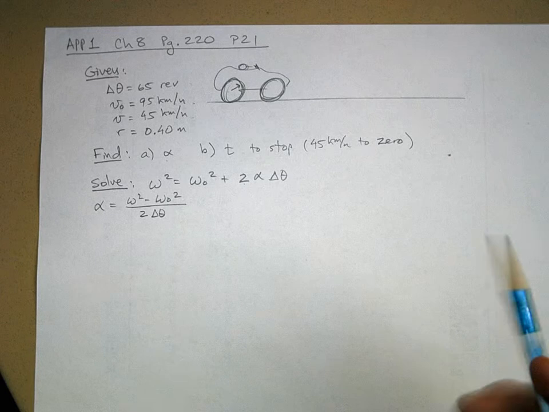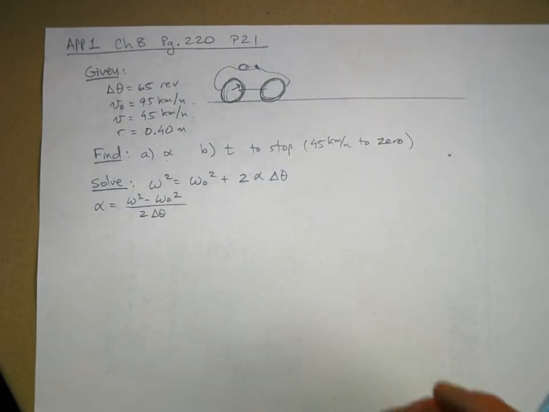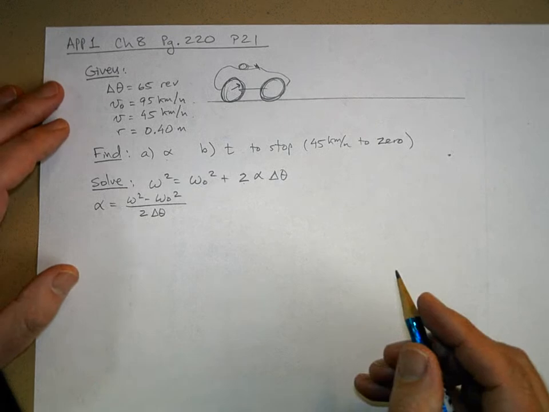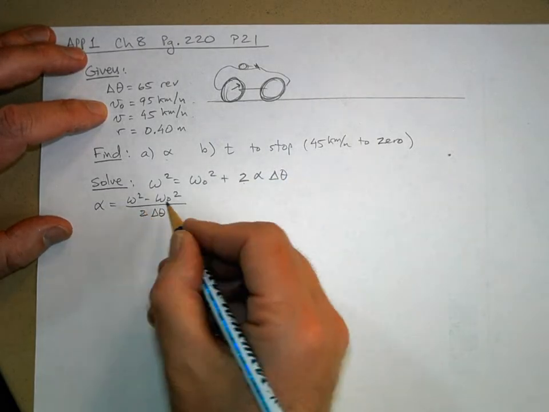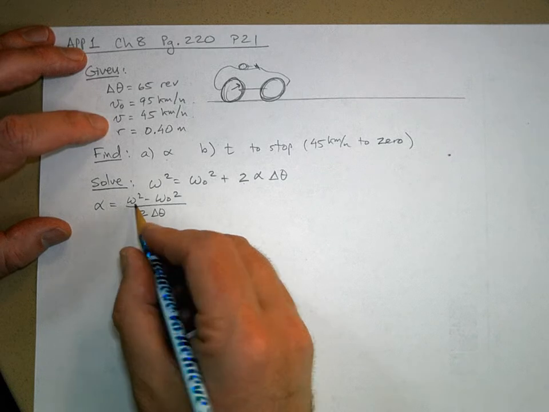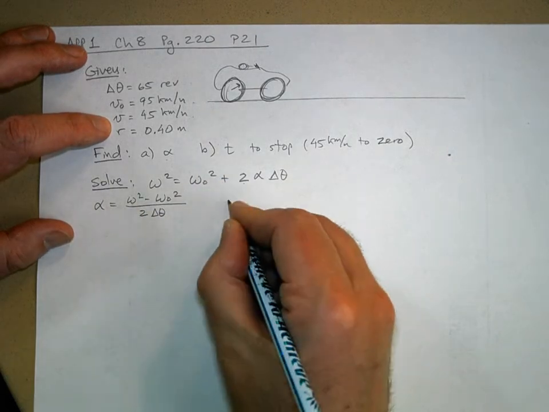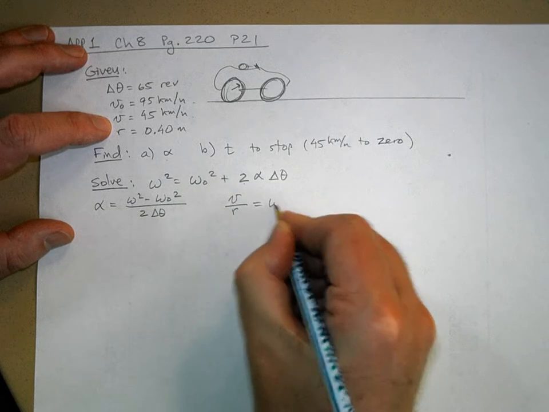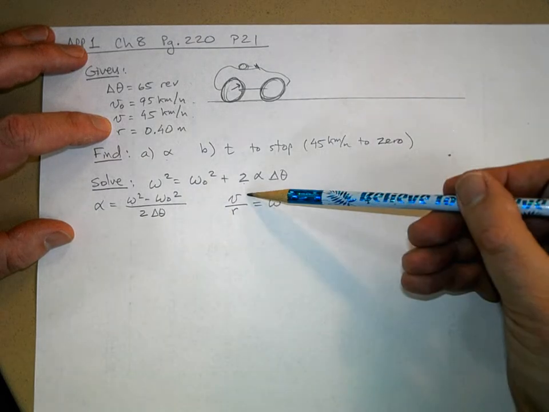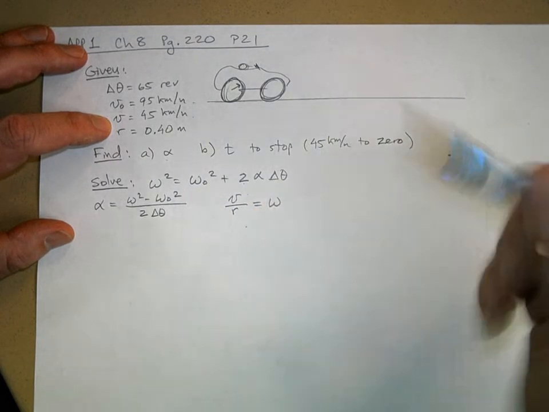Now I want this to be in radians per second squared, so I've got to do some conversions here. First of all, let's figure out what omega final is. Well, that's V final over R. So omega equals the velocity over the radius.